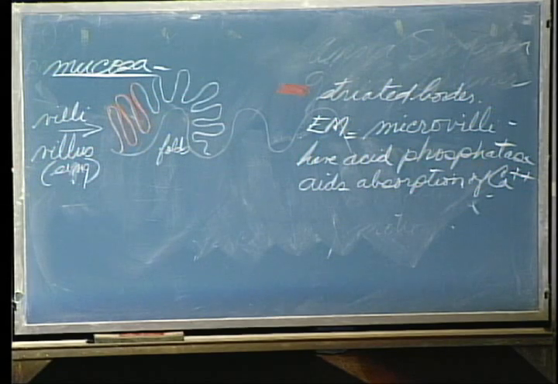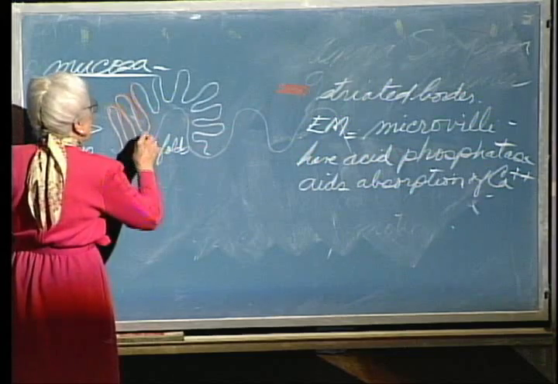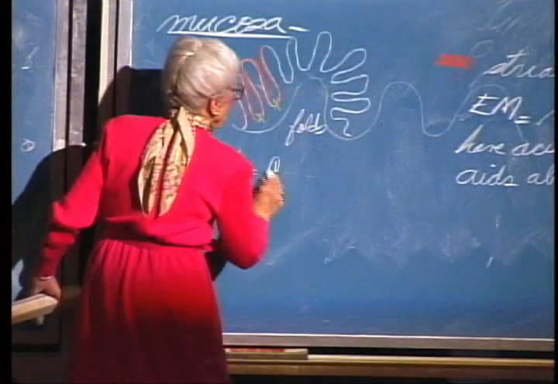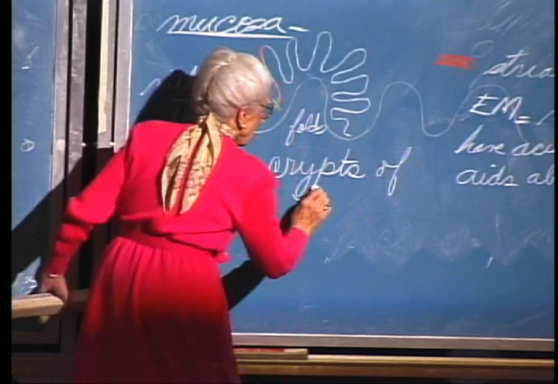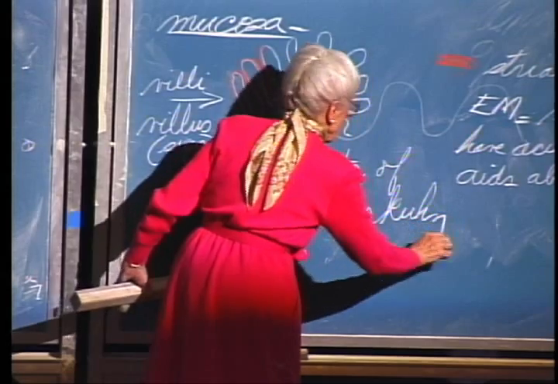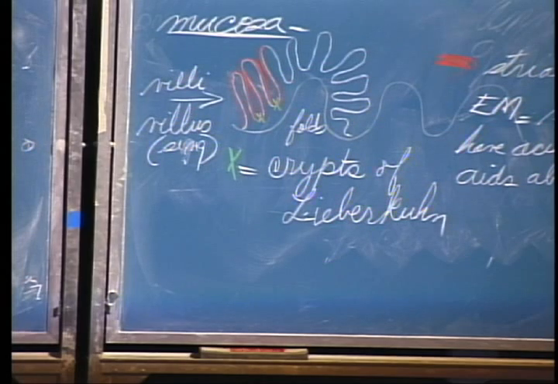Now, with these villi, at the base, we have what are called the crypts of Lieberkühn. Crypts of Lieberkühn are down at the base. And why is it important to know these?